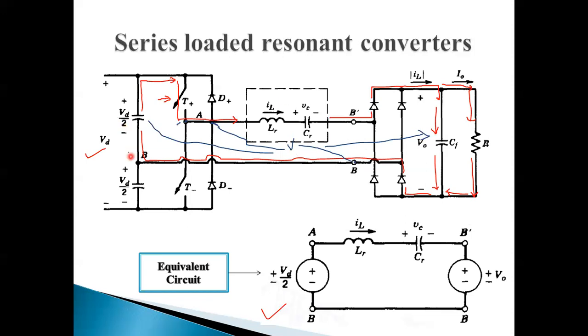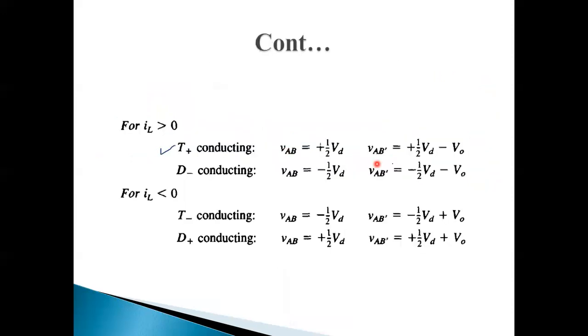Minus minus plus VD by 2. If you consider the current flow in the clockwise direction, positive VD by 2, VAB dash, minus V0. This V0 is also applied to the resistor, and it is equal to 0. So we get VAB dash equal to positive VD by 2 minus V0.